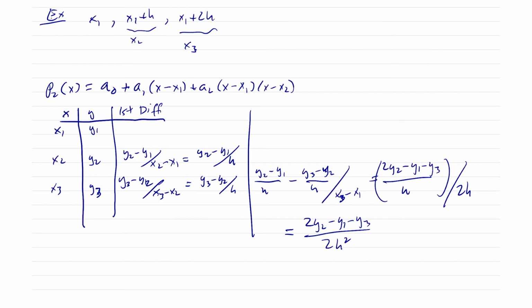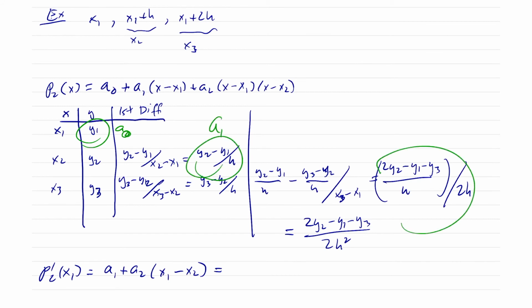All right, and so we can put all those guys into our polynomial, and we also know that p prime of x1 is just going to be a1 plus a2 times x1 minus x2, right? Just from the last term that we had. And so putting everything into this, now this was, again, our a naught, this is our a1, and let's say this is our a2.